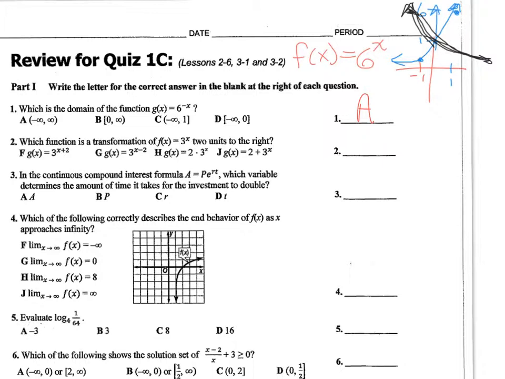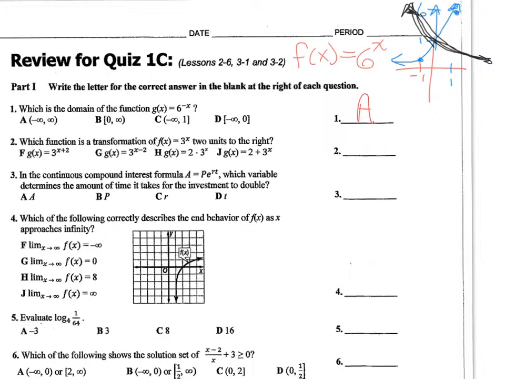Anything to the 0 power is 1. So you have an asymptote at y equals 0, which is the x-axis. That would be for the range. On the range, you're going to have from 0 to positive infinity, and it's parentheses on the 0, not a bracket.